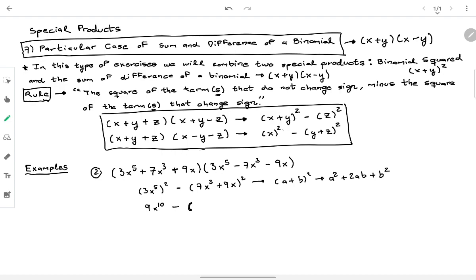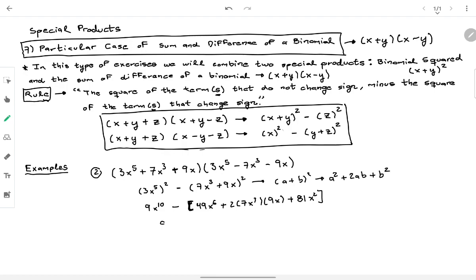So first we will have 7 times 7, it's 49x to the 6th, plus 2 times 7x cubed multiplied by 9x, plus 81x squared.